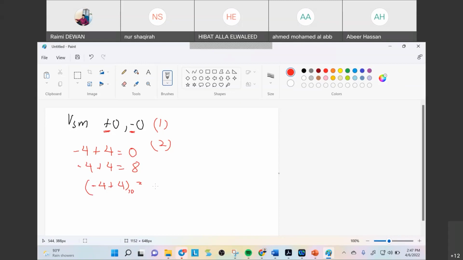So what is negative 4 in sign magnitude?